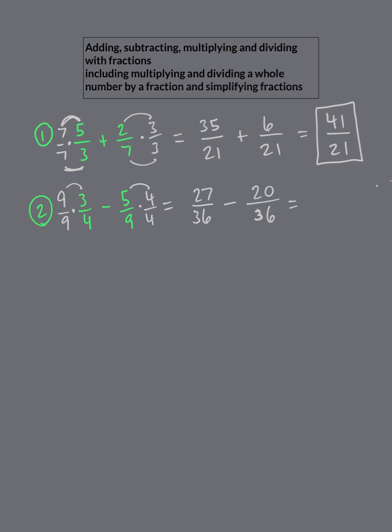So now I can subtract my numerators. 27 minus 20 is 7 over my common denominator of 36. 7 and 36 do not have any common factors, so that is my final answer.